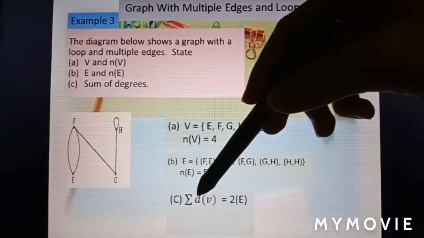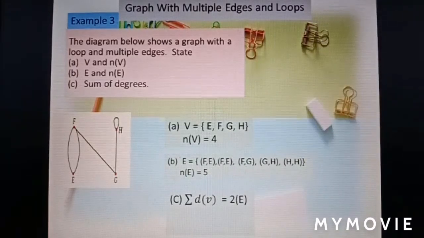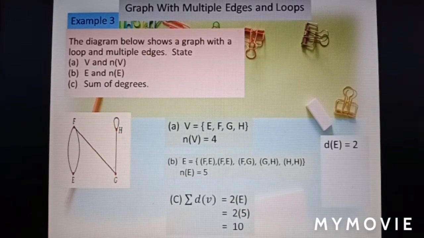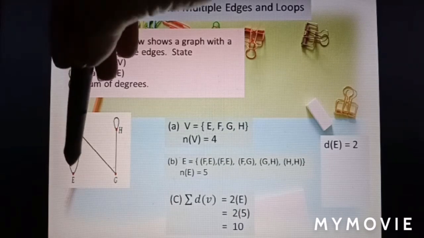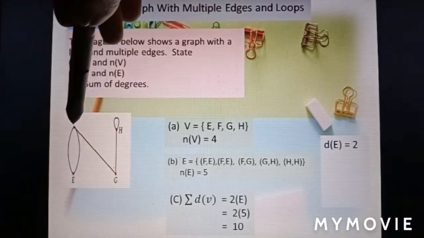Sum of degree is twice of number of edges. So 2 times number of edges, 2 times 5 equal to 10. Now we look at degree for each vertex one by one. Degree E is here, so 1, 2.